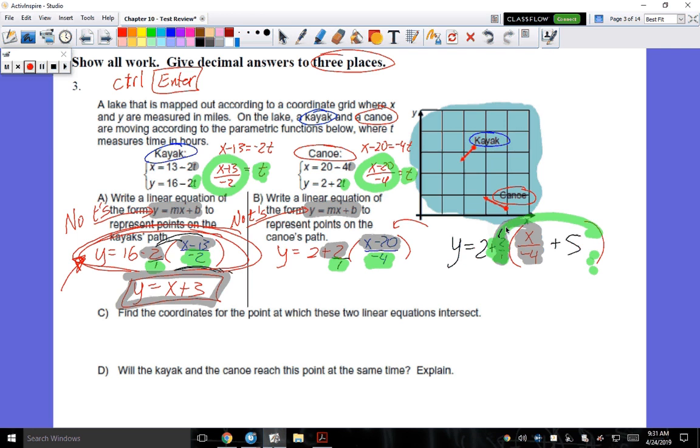So now 2 times x is 2x, 1 times negative 4 is the following, and then 2 times 5 is just going to be 10. So it's 2 plus this plus 10.